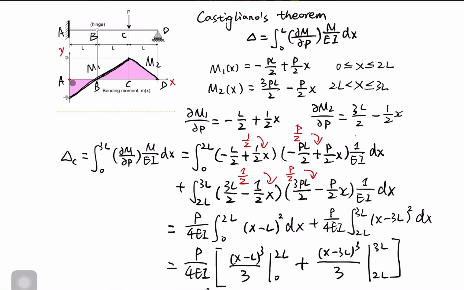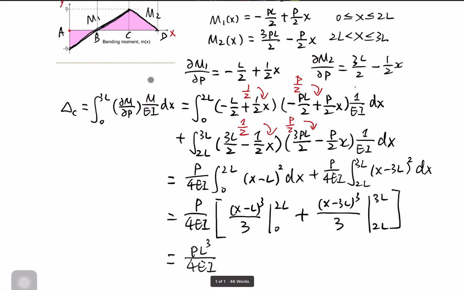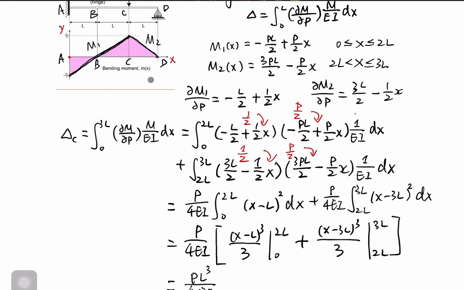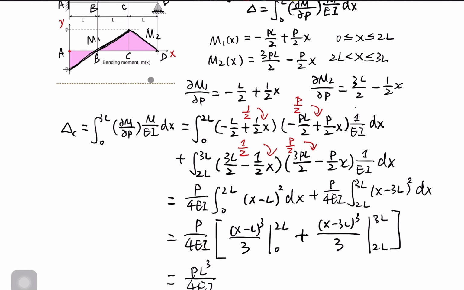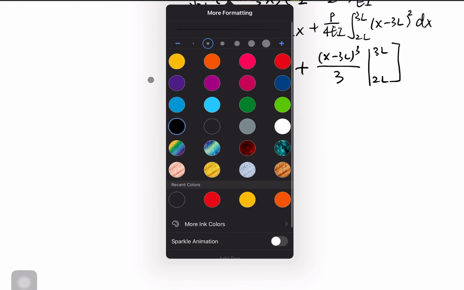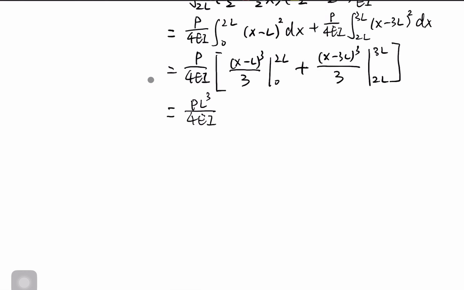Now I want to show another simplified method to get the expressions for M1 and M2, by building different coordinate systems.